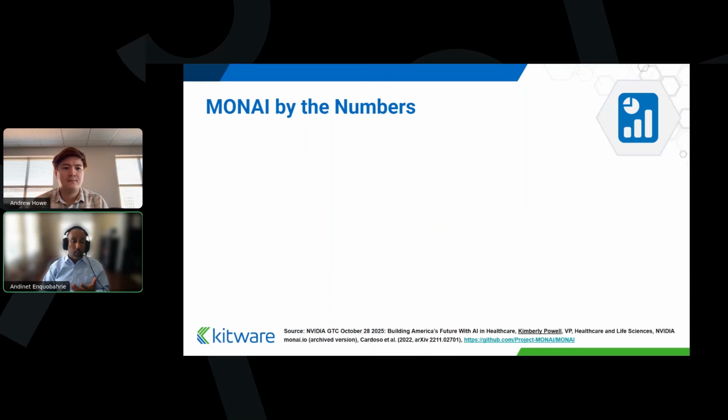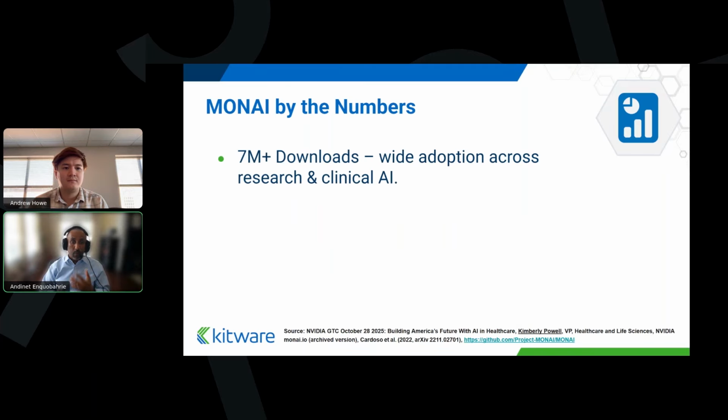Just to give you a sense of the scale and impact of MONAI, which was incredible, and this was also shown at the keynote speech by Kimberly Powell at GTC: MONAI now has over 7 million downloads. So that shows you the level of adoption. It's also deeply embedded in the research community. As you can see, thousands of peer-reviewed papers that reference MONAI have been published.